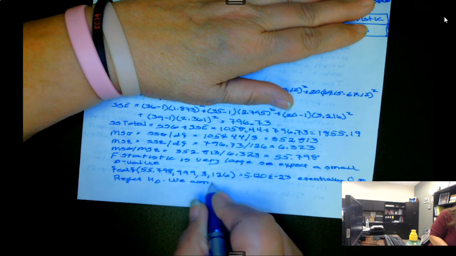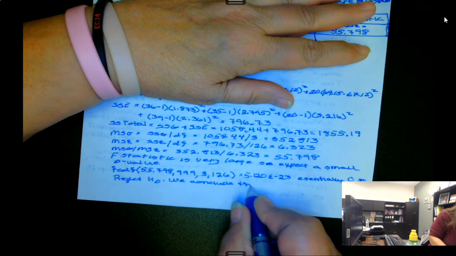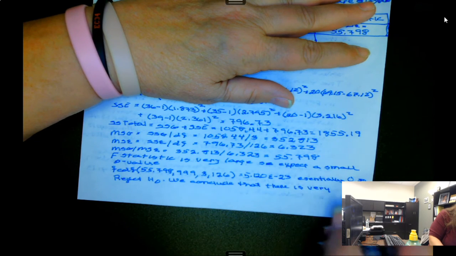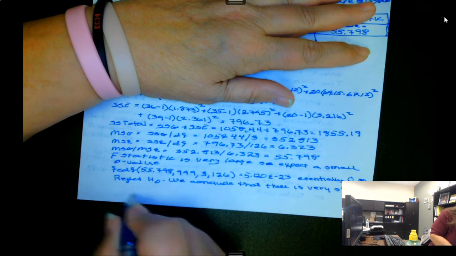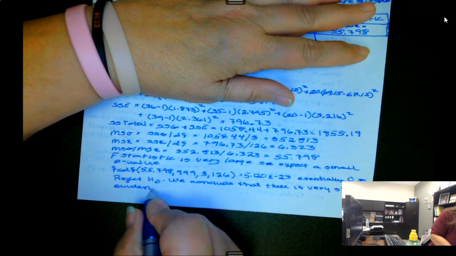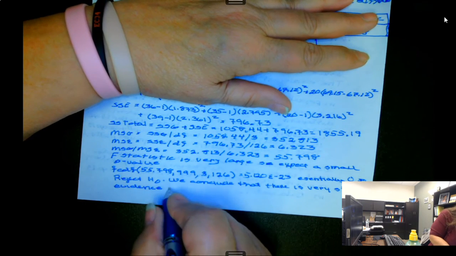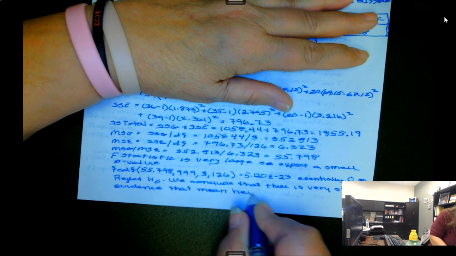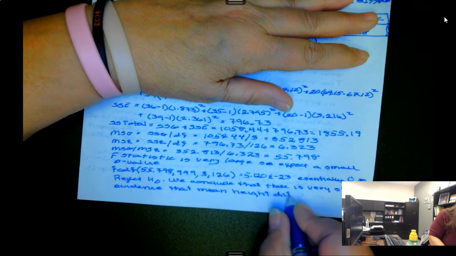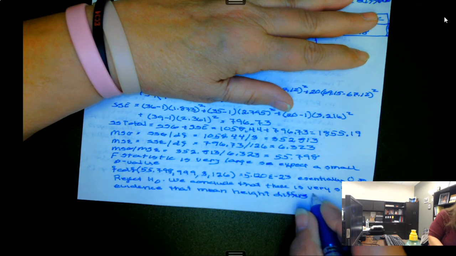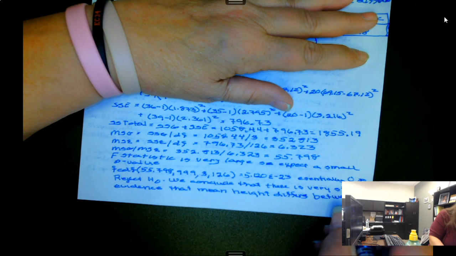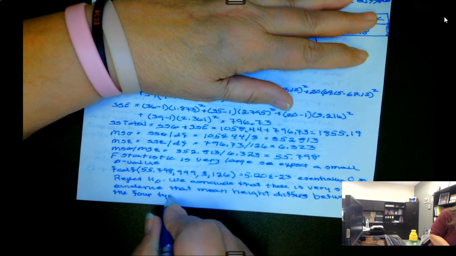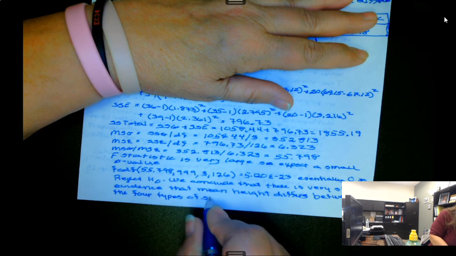And we conclude that there is very strong evidence that mean height differs between the four types of singers.